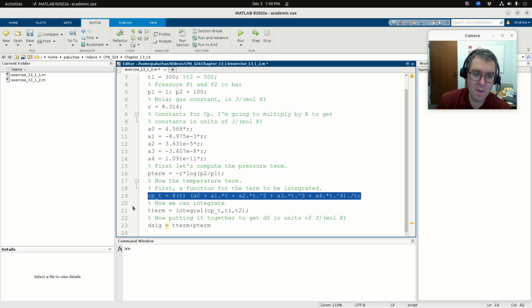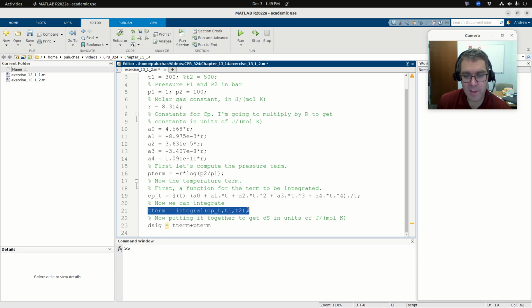So having an anonymous function for that is still good. But now here is where things are going to start to change. The issue is on line 21, I can't compute this integral because I don't know T2. I'm searching for when delta S is equal to 0, but I don't know T2. So what can I do?